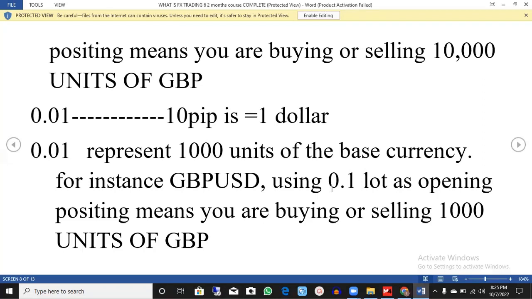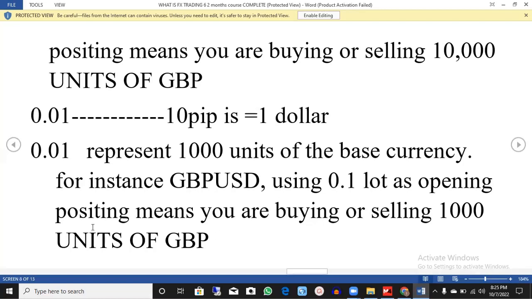So you should know the risk you should be using on your account. We're going to show you that, of course; if you have $1,000, there is nothing wrong with using 0.1 because of risk management. But the point is, knowing that it is worth 10,000 units of the base currency should make you careful when selecting your lot sizes.